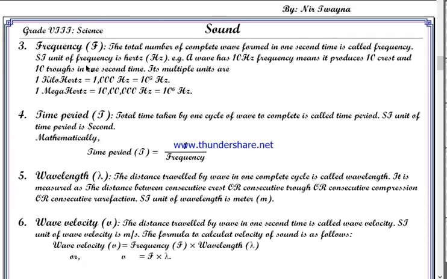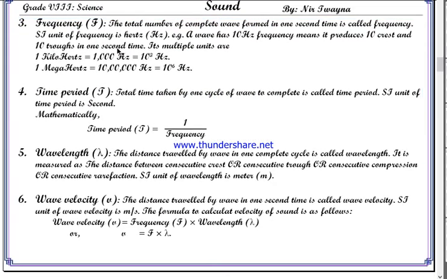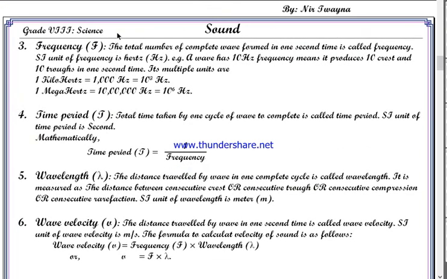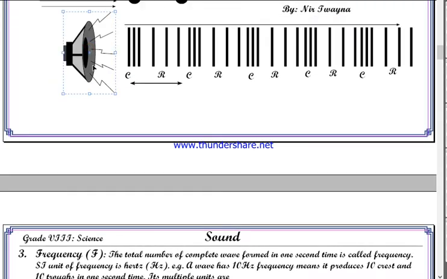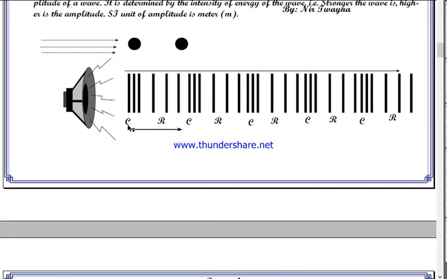Number 3, frequency. Frequency means how many waves are formed in 1 second time. That is called frequency. Suppose that in this particular example, this all takes 1 second time. To form this much wave takes 1 second. So how many waves are being formed by this source of sound? We have already counted it.